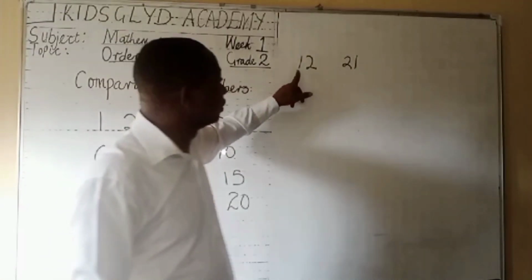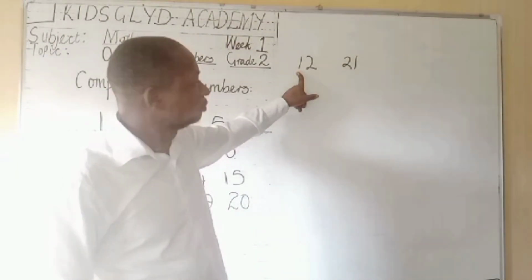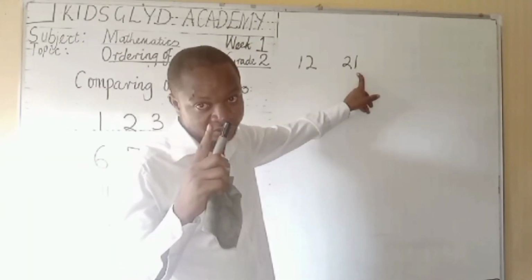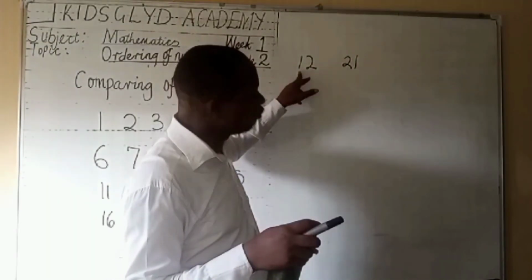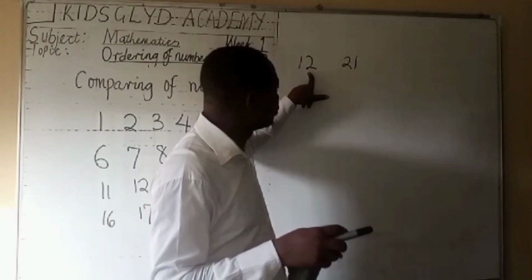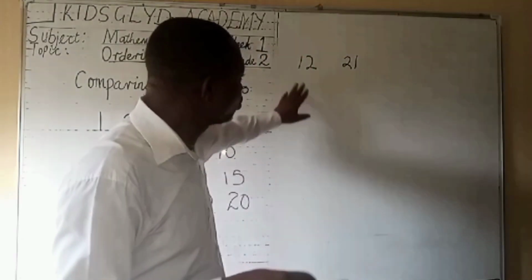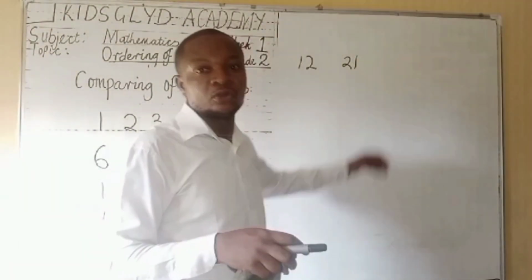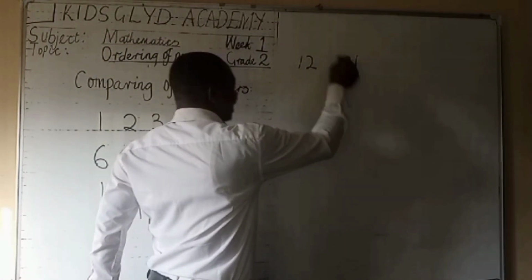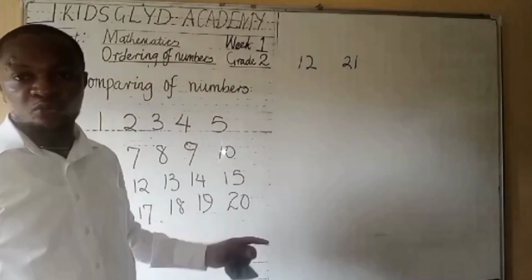This one here is under tens, not under units. But this one is under units, which is ones. So under place value, the value of 1 here is bigger than the value of 1 here. Meanwhile, the value of 2 here is smaller than the value of 2 here. So now, between 12 and 21, which one is greater? This one is big here and small here. This one is big here and small here. So they are exchanging positions with their values.